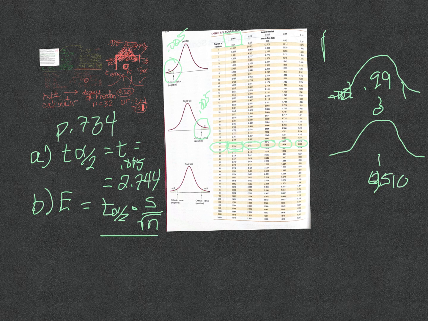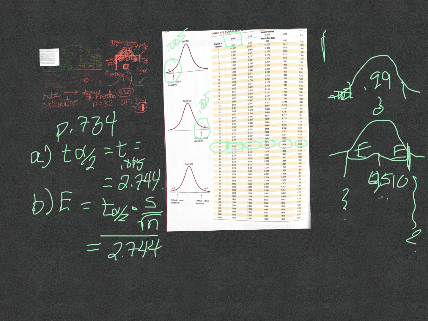So we take this t-value and multiply it by the standard deviation over the square root of n, and that gives us how far we have to go out to this value, by adding and subtracting the error to this sample mean, 4.521. Okay?